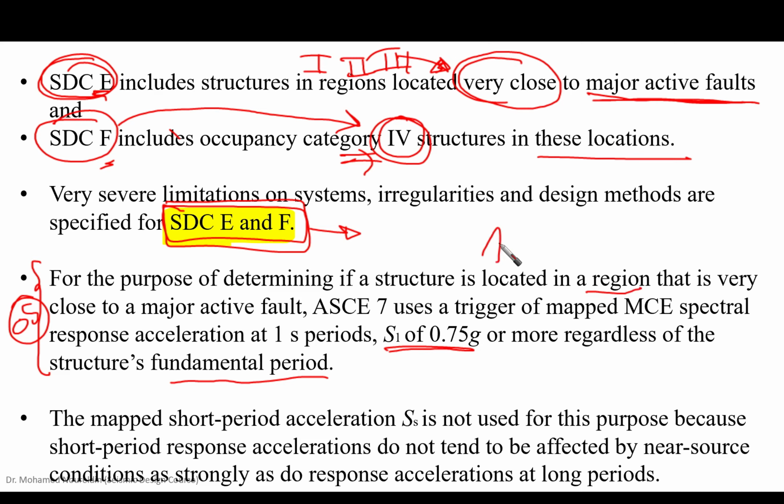But starting from ASCE 7-16, they put it. Do you remember that in the previous video I mentioned near fault and far fault? So now this part is considered to be history of the seismic provision itself. They were using S1 greater than 0.75, as we are going to see in our examples, based on the mapped maximum considered earthquake, and they used only the maximum considered earthquake, not risk targeted, because this is based on ASCE 7-05.